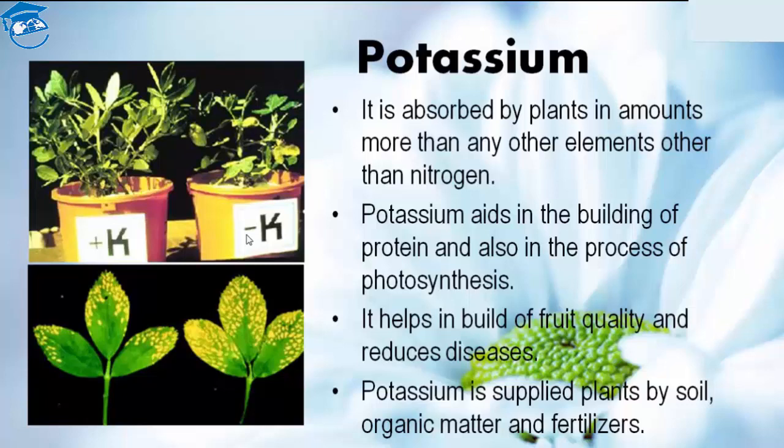So what are the symptoms of deficiency of potassium? Crops suffering this deficiency appear scorched around the edges and the surface is irregularly chlorotic, that is, yellowing of the leaf has occurred because of potassium deficiency.